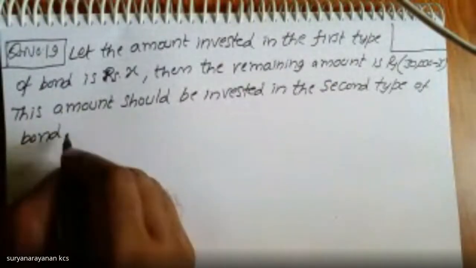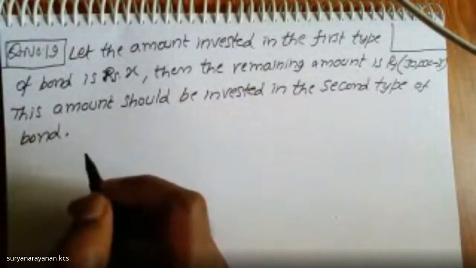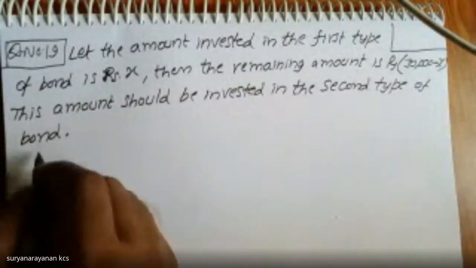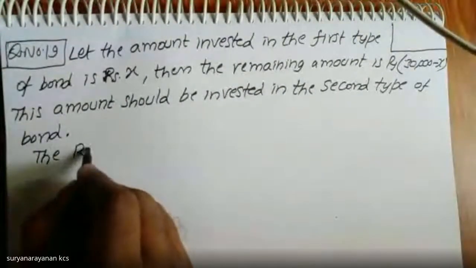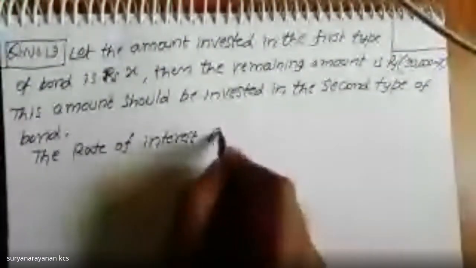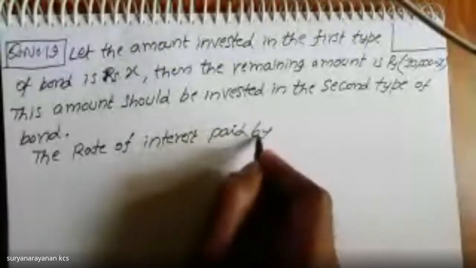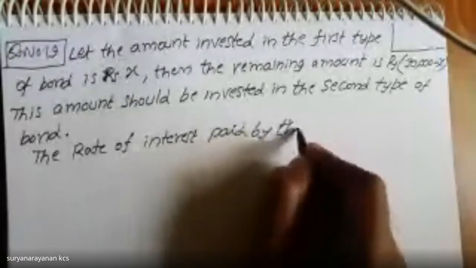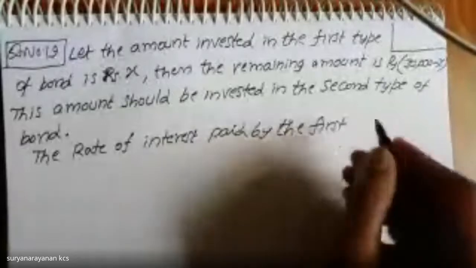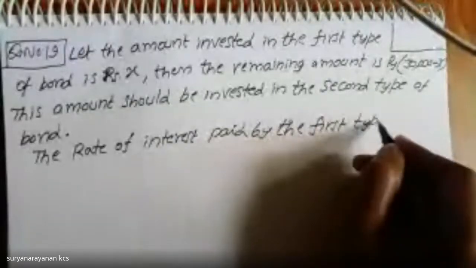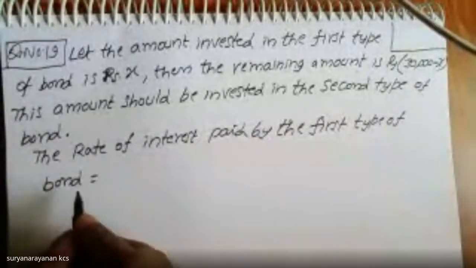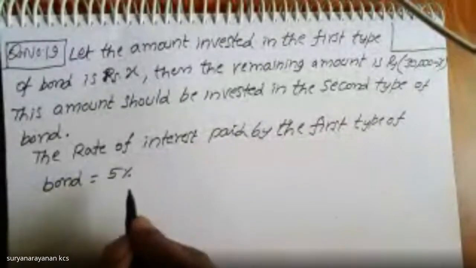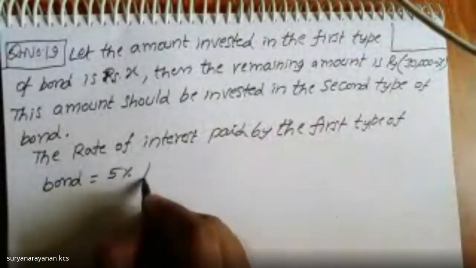So the rate of interest paid by the first type of bond is 5% per year.